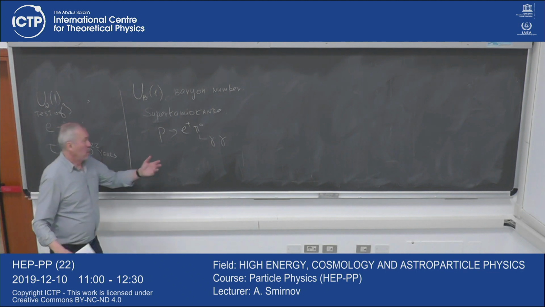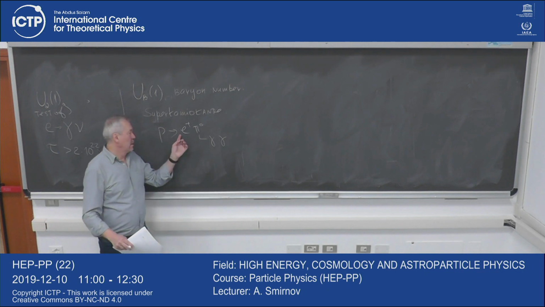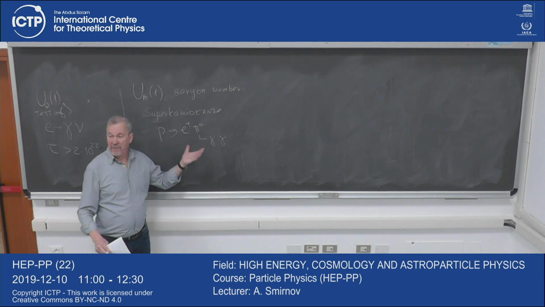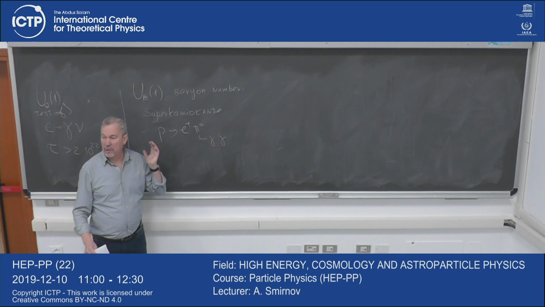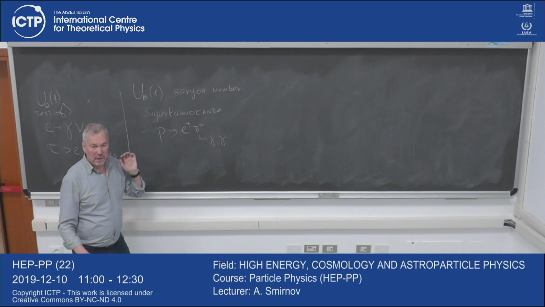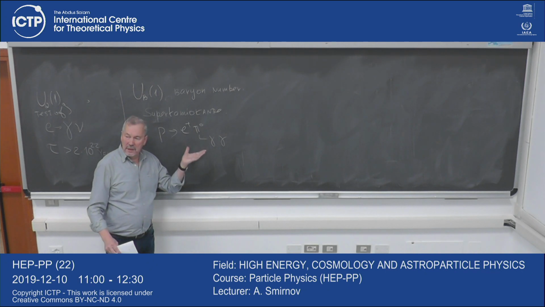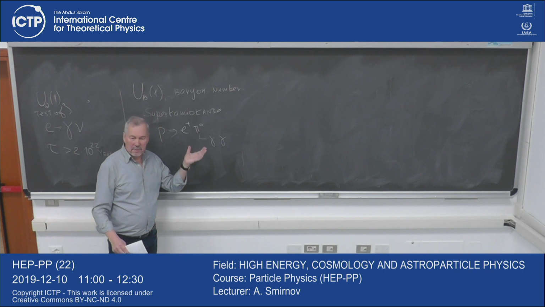They measure the invariant mass. If they see some events and the invariant mass equals the mass of the proton, that would be proof that they see proton decay in this channel. This is a very good channel because it allows for low background for these events.